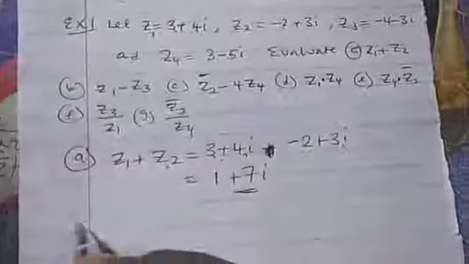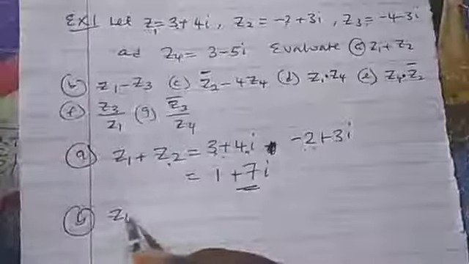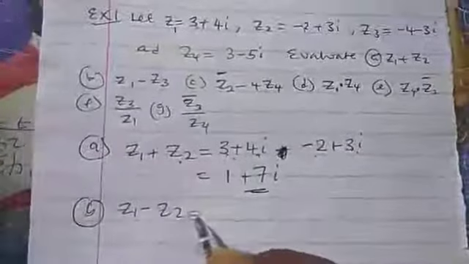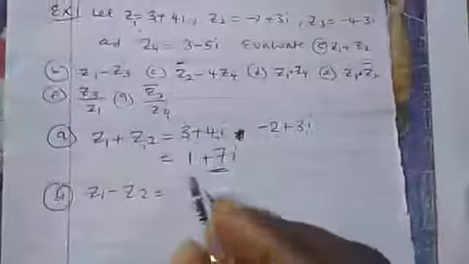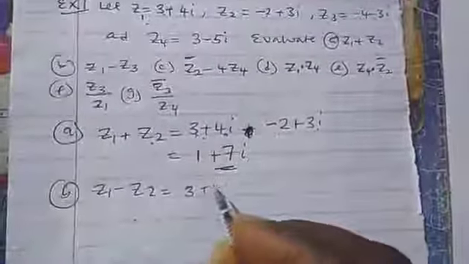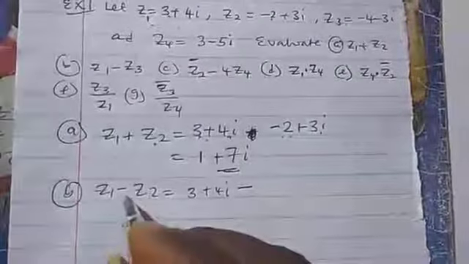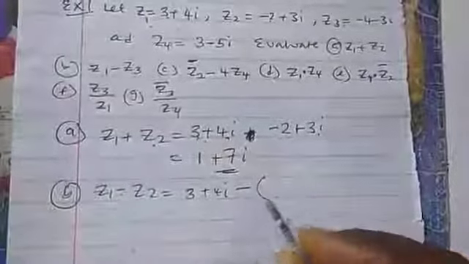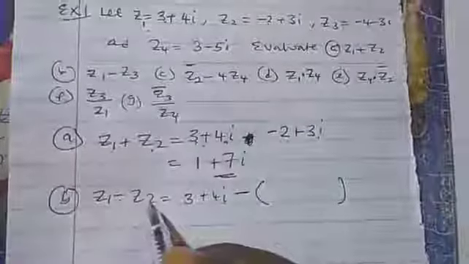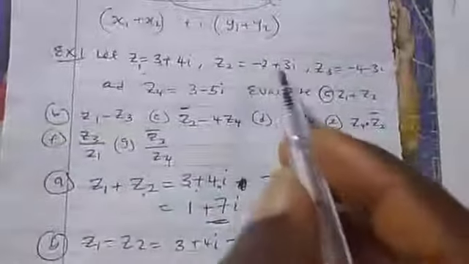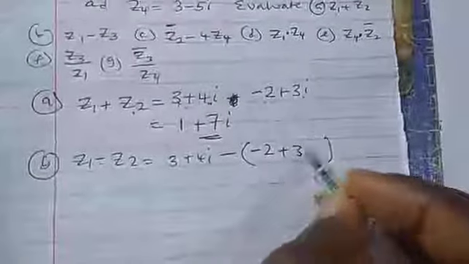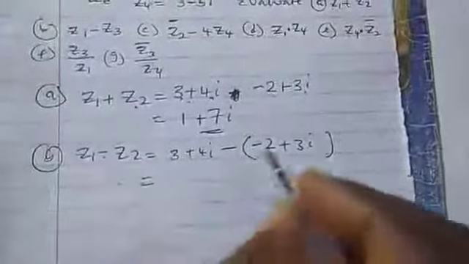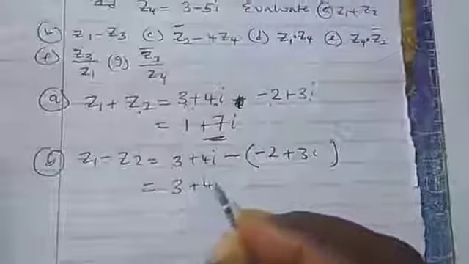So that's our answer. The second one says z1 minus z2. Our z1 is 3 plus 4i minus, the minus will always affect, so we need to put an open bracket for z2, which is minus 2 plus 3i. The first thing is, let's open the bracket. This is 3 plus 4i.